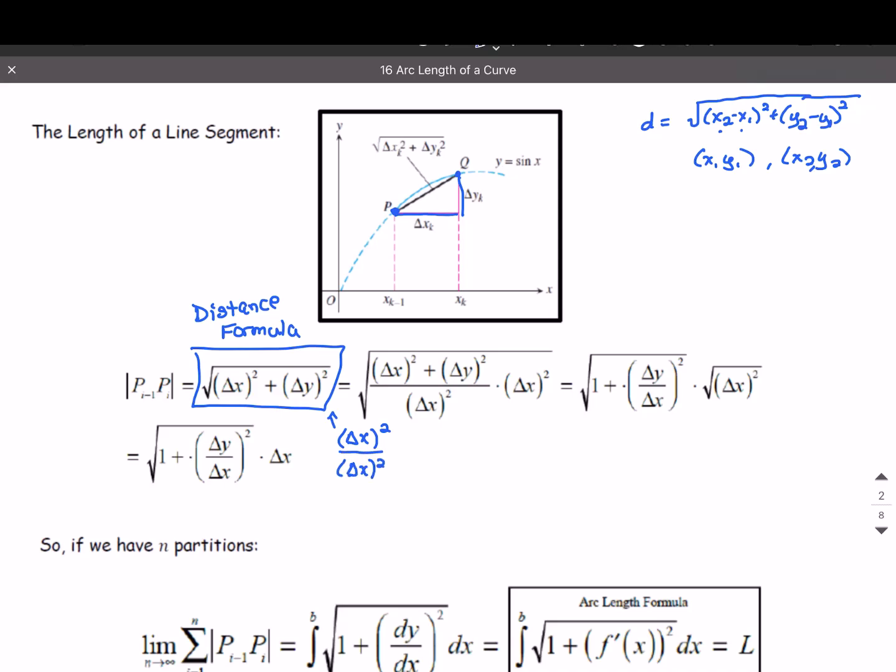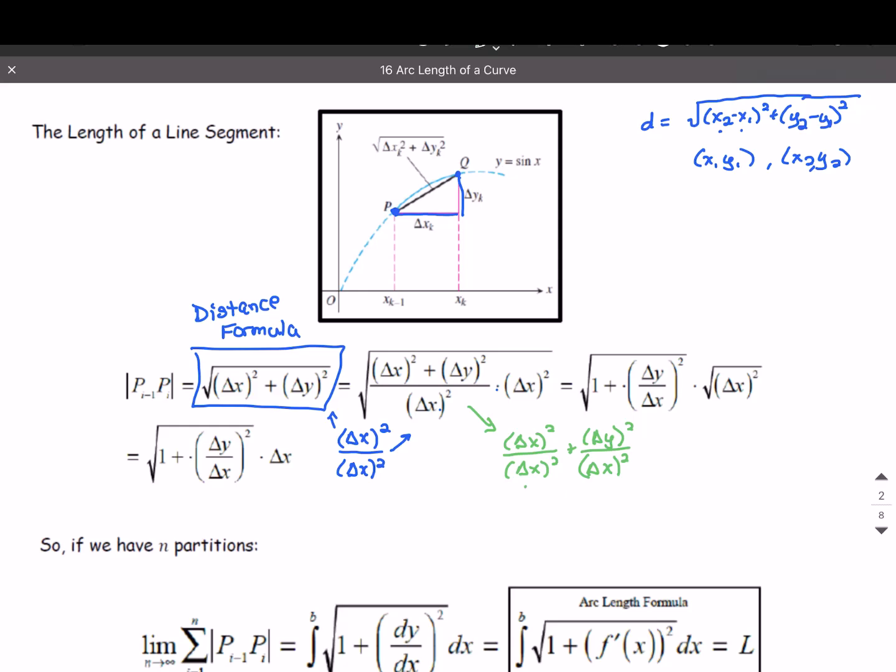Why would I do that? Well, I'm going to put one of them as the denominator and keep one separate. Also, when I have this fraction, if you have addition in the numerator, this is really delta x squared over delta x squared plus delta y squared over delta x squared, correct?